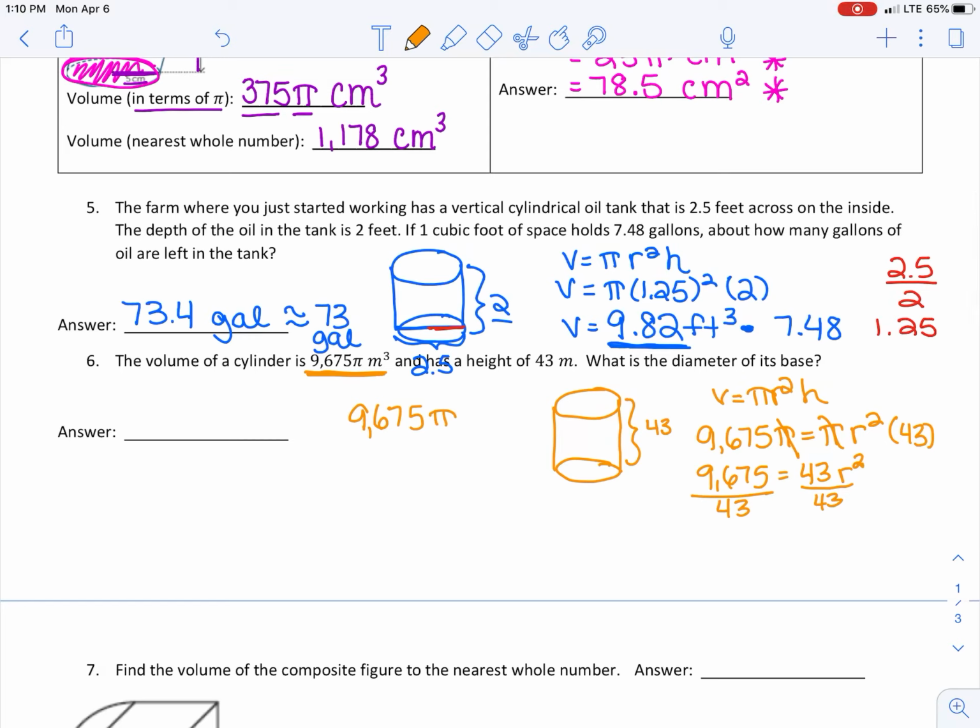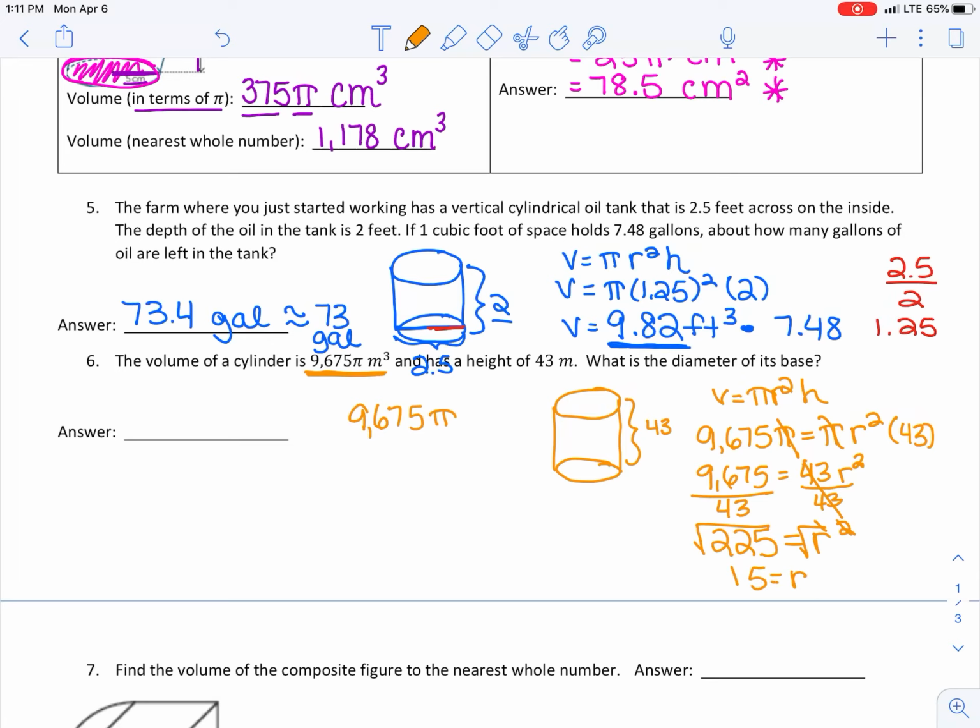Okay, and whenever you do that, you end up with 225 equals r squared. And now we know how to solve for r because we've been working with quadratics like this. So we're going to take the square root on both sides. And that leaves us with 15 equals r.